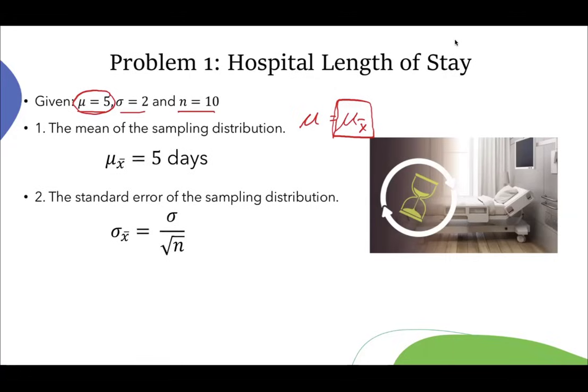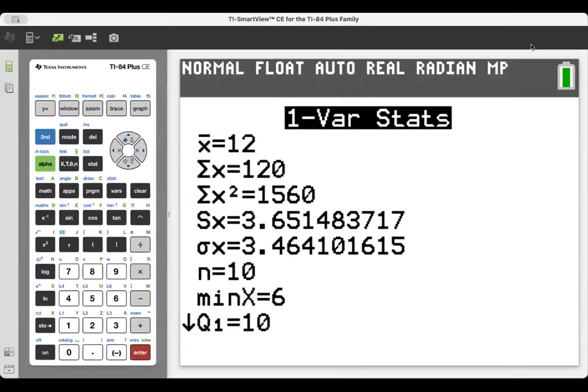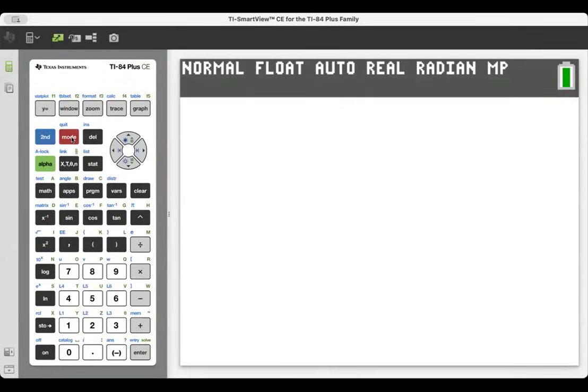So we're going to take the standard deviation of the population, 2, and divide by the square root of the sample size, n. And I'm going to take you to the calculator because I don't think we've done square root yet. So let me show you where that is on the calculator. Okay, we're going to put in 2 and divide by, and we're going to use the second key and the x squared key.